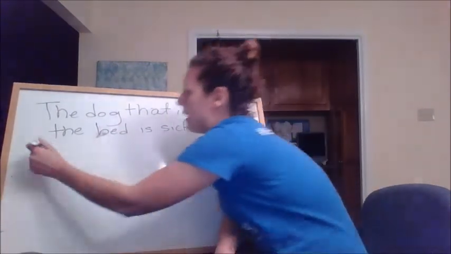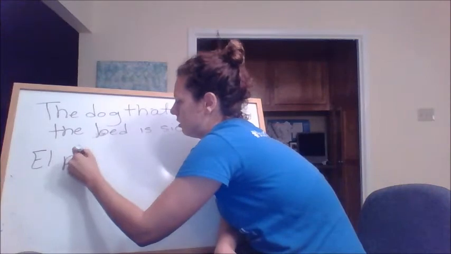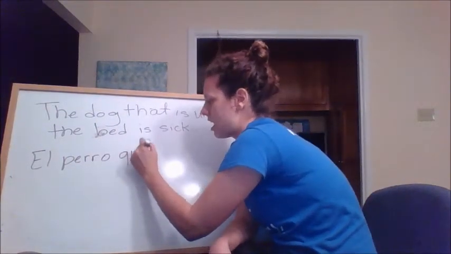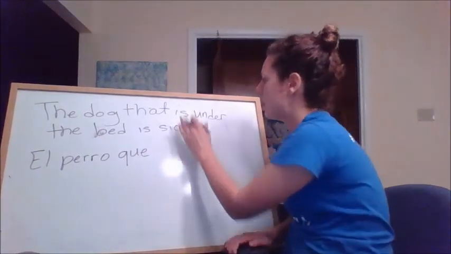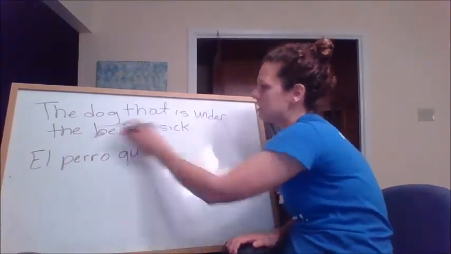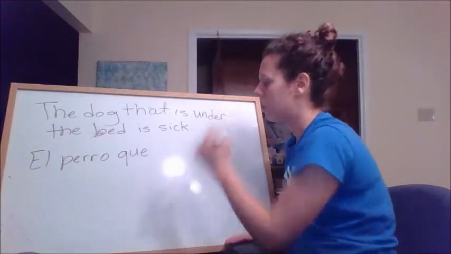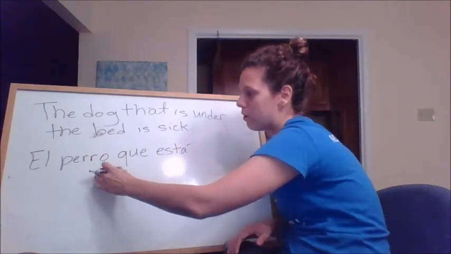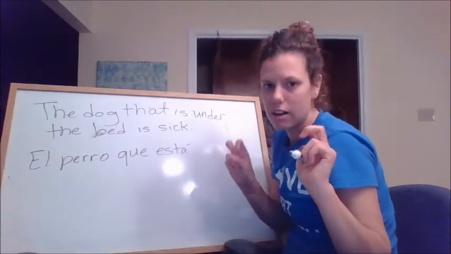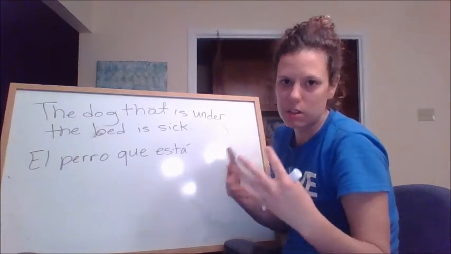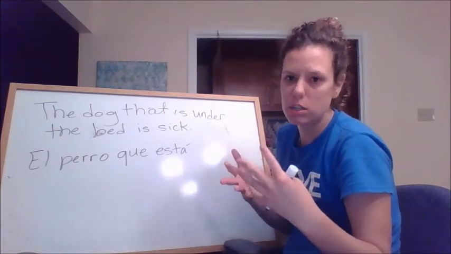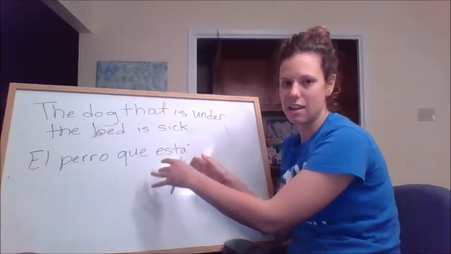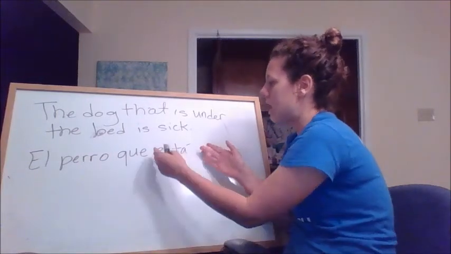So we'd say el perro que, our relative pronoun que, is under the bed. This is a location. So we say que está, because we're talking about el perro. So this could be kind of a he or an it. It kind of depends on how you think about it. Either one is fine. Either way, we'd still end up with está as our conjugation for estar, because we're talking about a location. Está under.